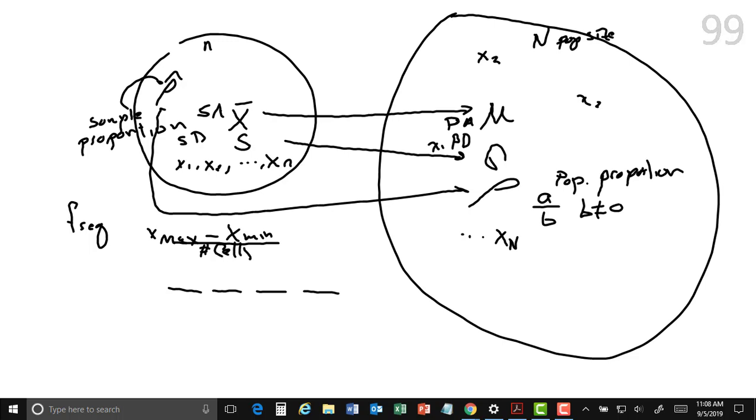And that simply determines the width of each cell. That gives you general coverage. Clearly, if you take the biggest and the smallest one, this is going to contain all the observations from the sample. There's not going to be anybody left out, because I got the most extremes.